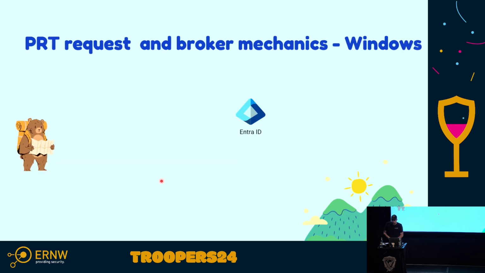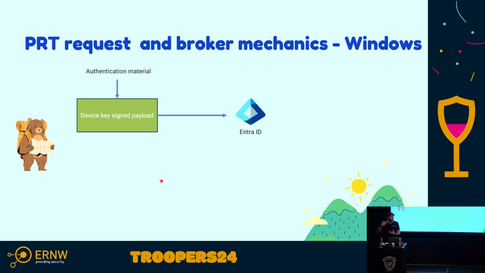So how does this work to actually ask for a PRT on Windows? This should mostly be familiar because we've already talked about this in previous years as well. Basically, you start with some authentication material, and that is sent to Entra with a payload that's actually signed with your device key. So it proves that this device is the one actually requesting that primary refresh token.